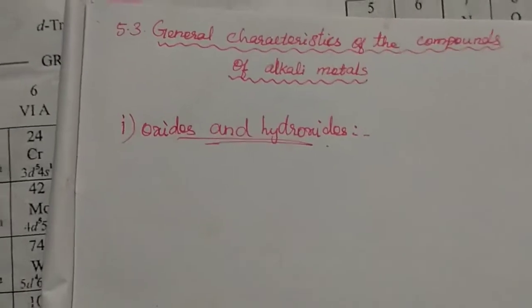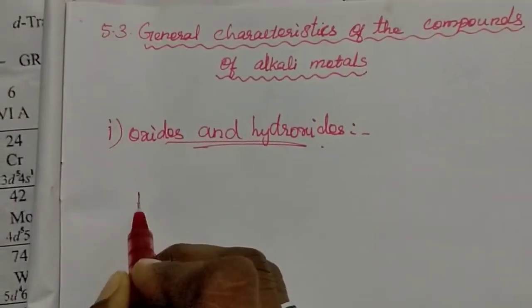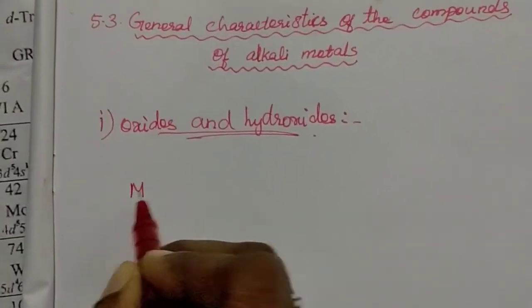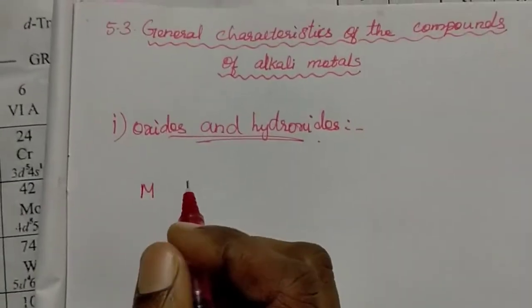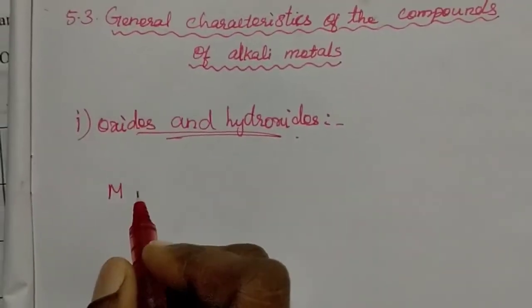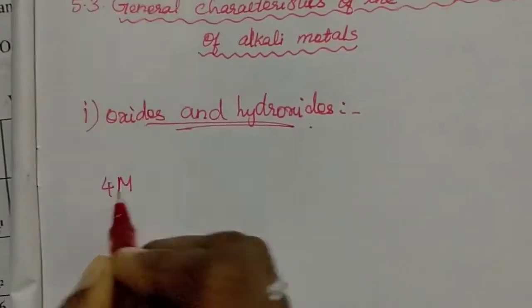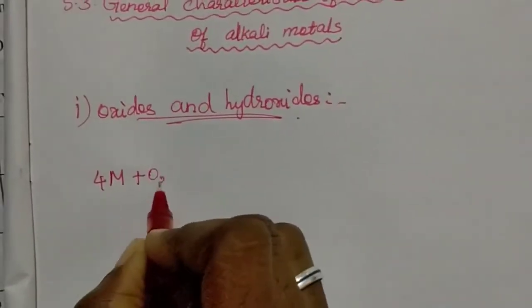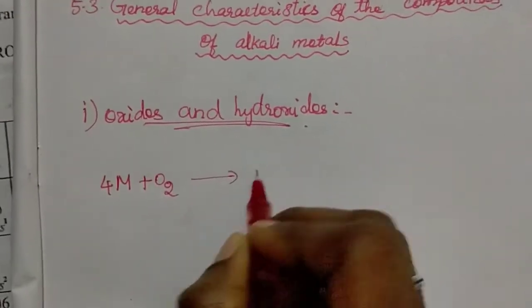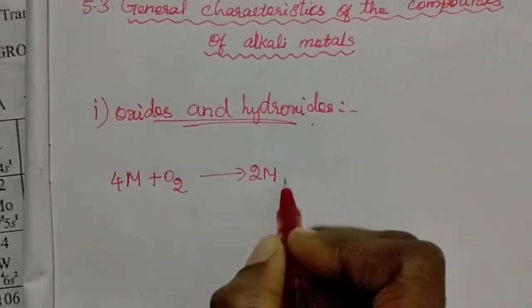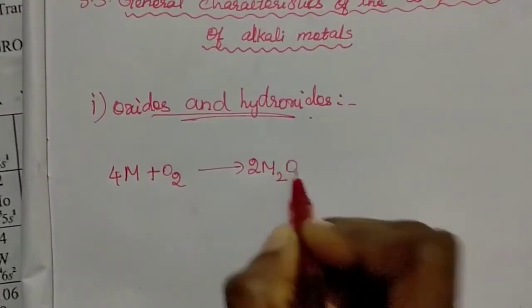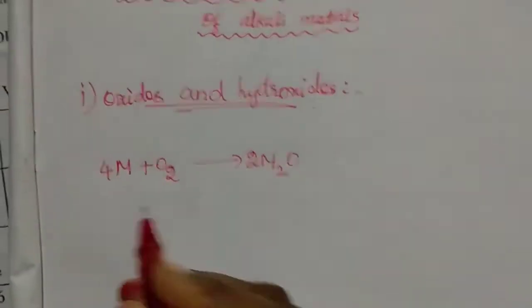So, the reaction between metal and oxygen: metal plus oxygen forms oxide.